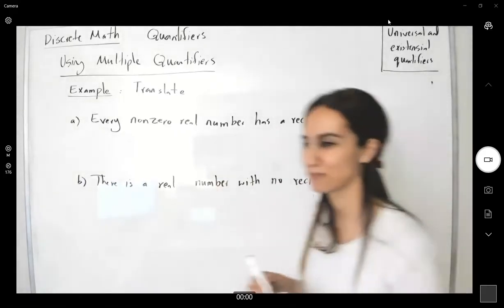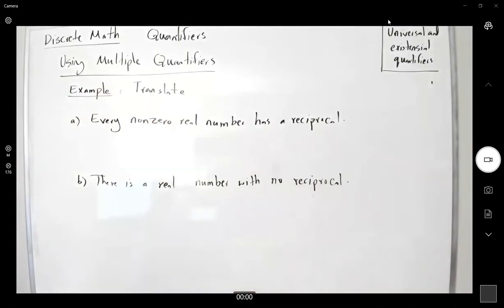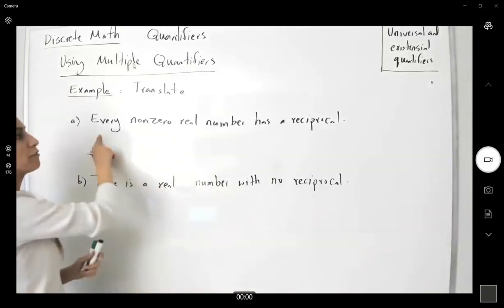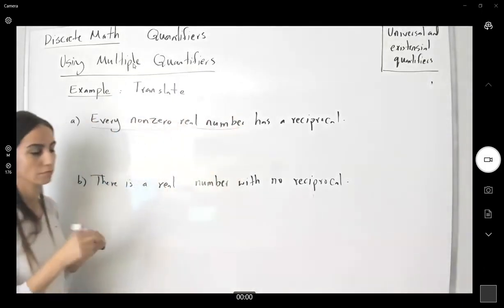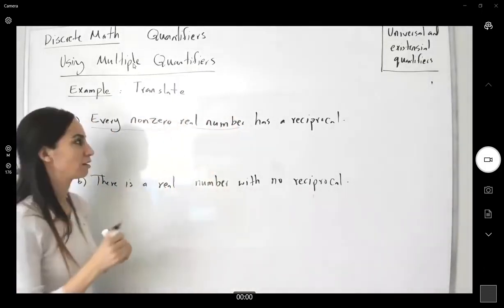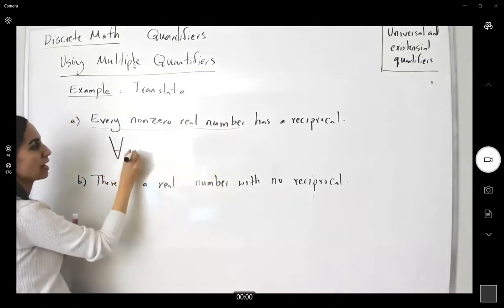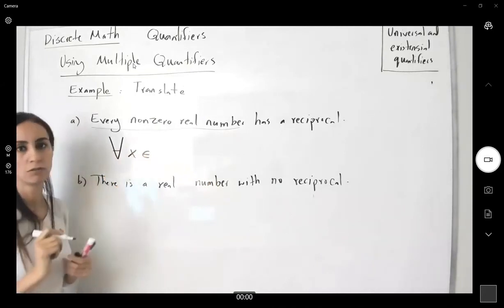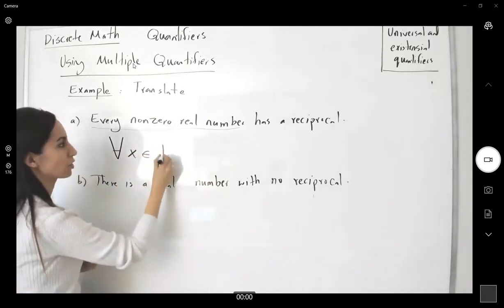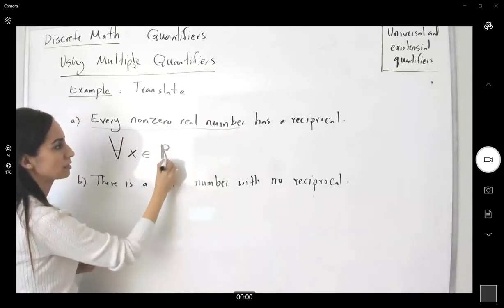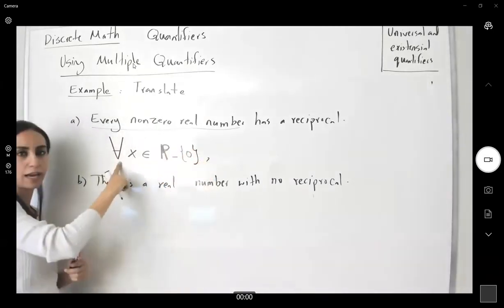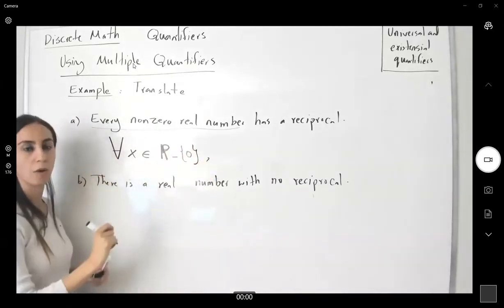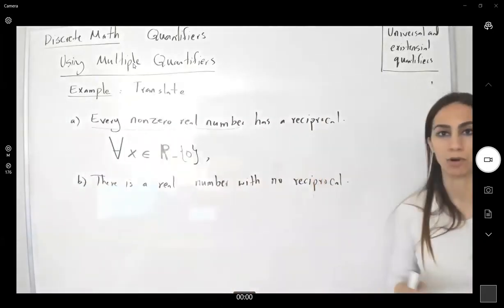How do you translate this? Every non-zero real number. So let us focus on this part first. Every, for all, for any x, which belongs to R, which is not zero. So we're going to write it as R minus 0. For every non-zero real number, it has a reciprocal. What's the meaning of that?